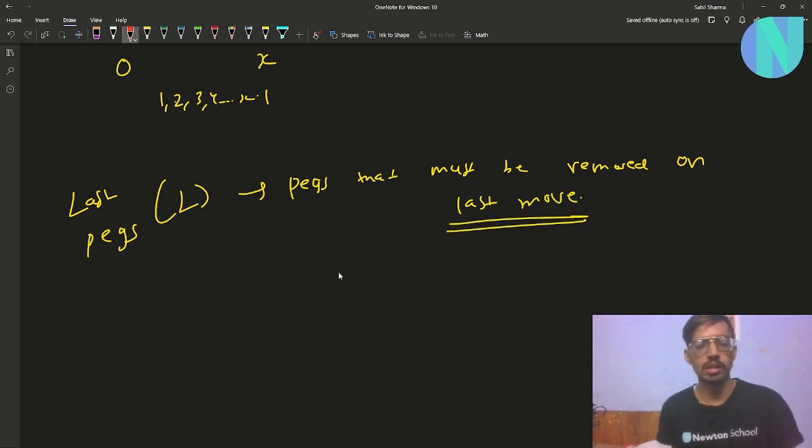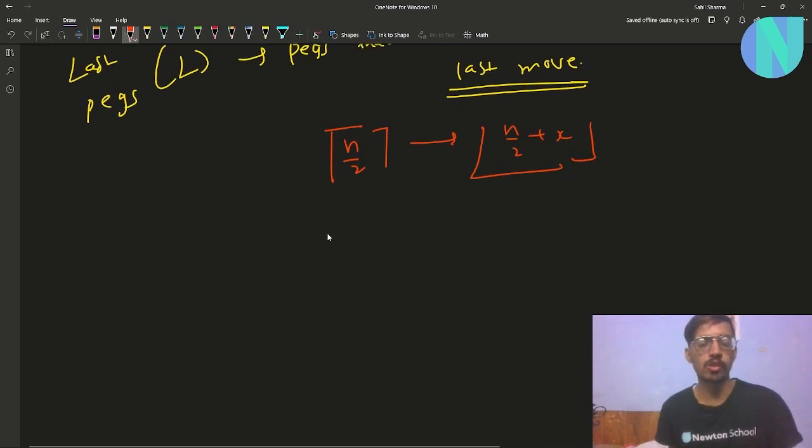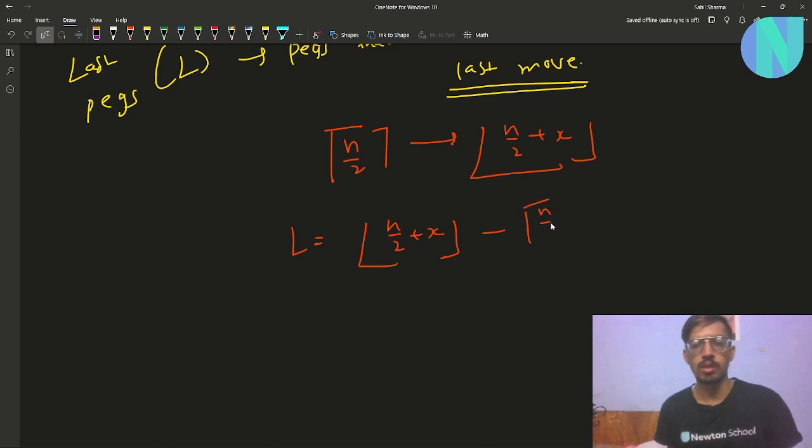So we saw that the range of these pegs go from ceiling of n by 2 up to floor of n by 2 plus x. So if you have to count the number of these pegs, the number of these pegs are floor of n by 2 plus x minus ceiling of n by 2 plus 1, right? So this is the number of last pegs.